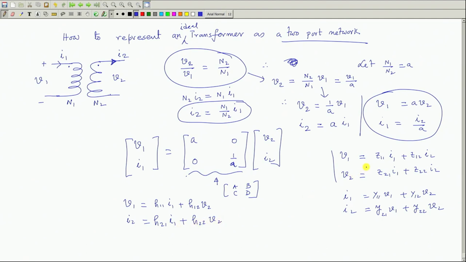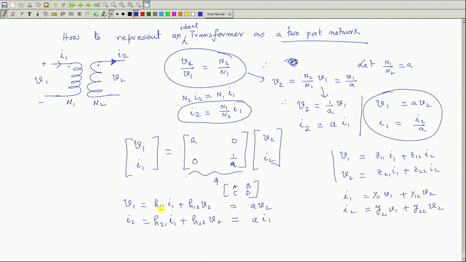The question is, V1 is equal to A V2, so it looks like there is no I1 term. So this is A into V2. V1 is equal to A V2 and I2 is equal to A into I1. So it looks like it can be written. Therefore, H parameters exist.